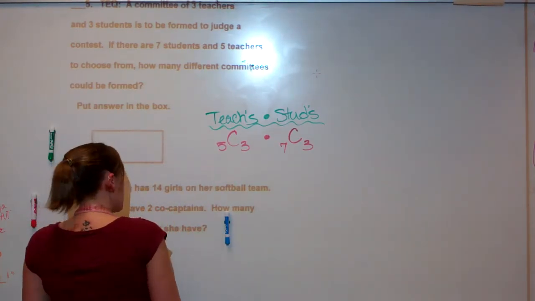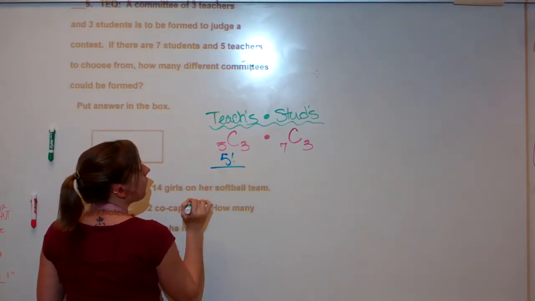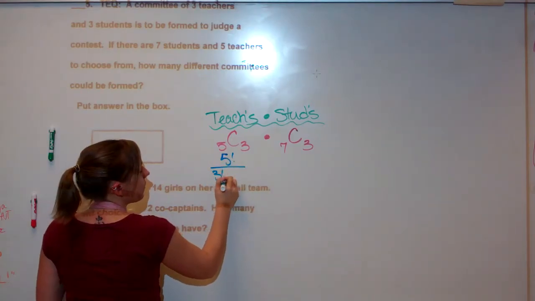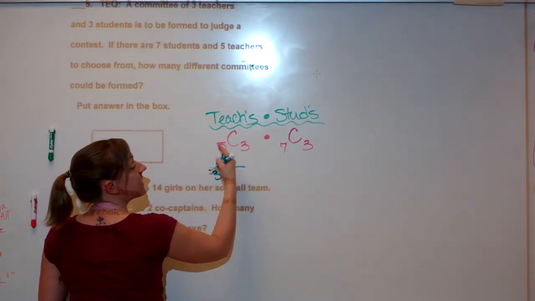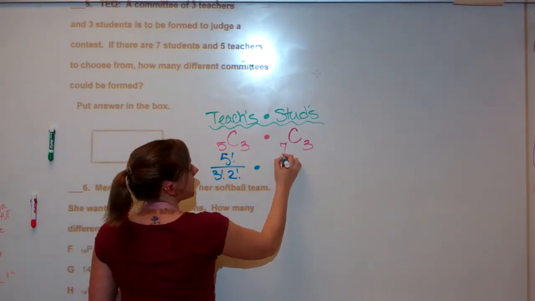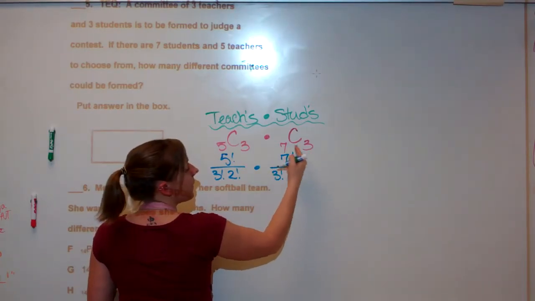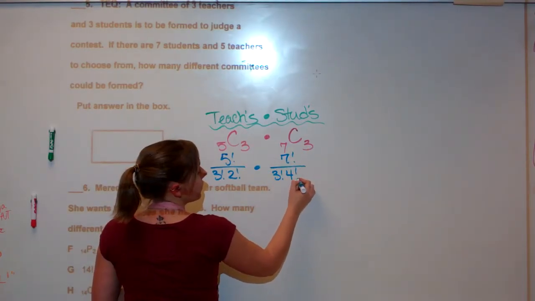All right, and then we would just use our formula from here. So it would be 5 factorial over 3 factorial times the difference of those, which is 2 factorial. And then you would multiply that by 7 factorial over, we're choosing 3, and then we multiply it by the difference, which is 4.